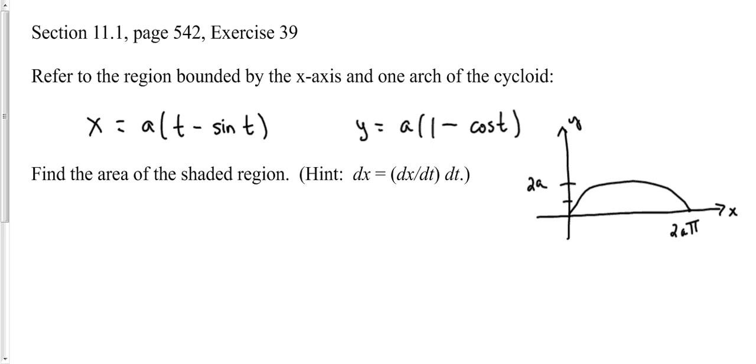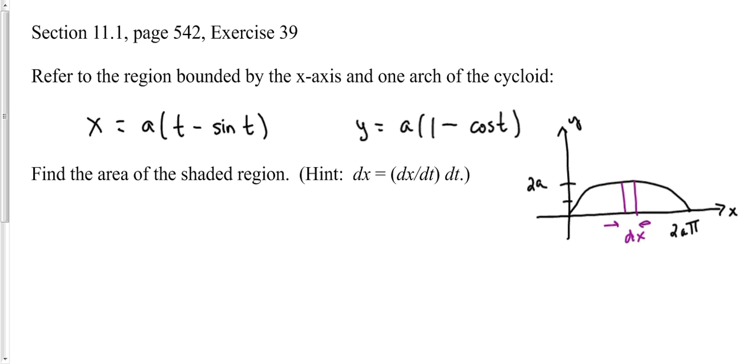To find the area under the curve, we start by slicing the region into smaller rectangles, and then we add up the area of all those rectangles using an integral. So I'm going to make my slice here, and as I've said in class, one of the most important things is to figure out what the thickness of your slice is going to be, because that is going to determine everything else.